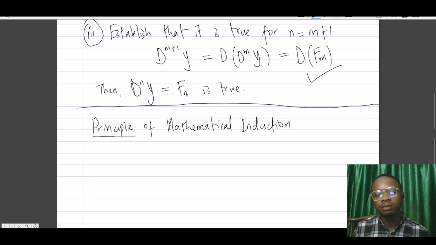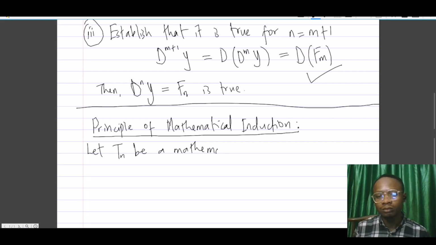And this principle provides that, let T sub n be a mathematical statement for n elements of the natural numbers.